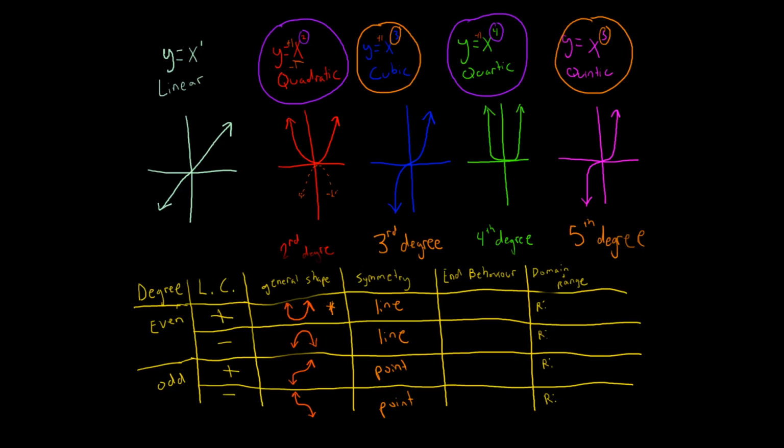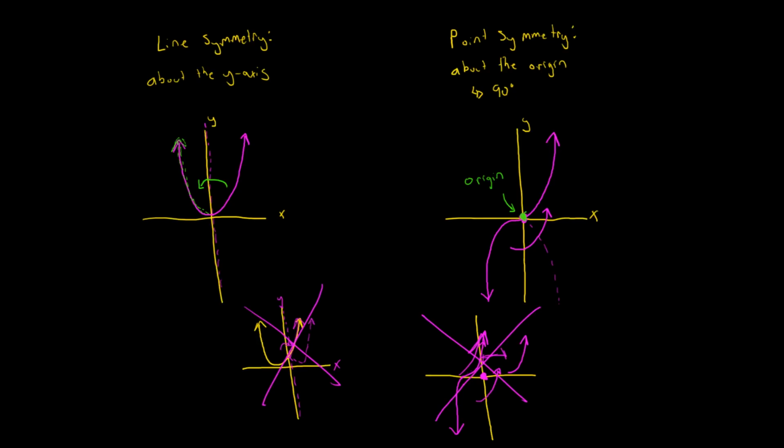So now the end behavior of these functions, what does this mean? I remember that's what I thought when I was first learning about this. Like, I have no idea what that means. So let me actually create a new layer.